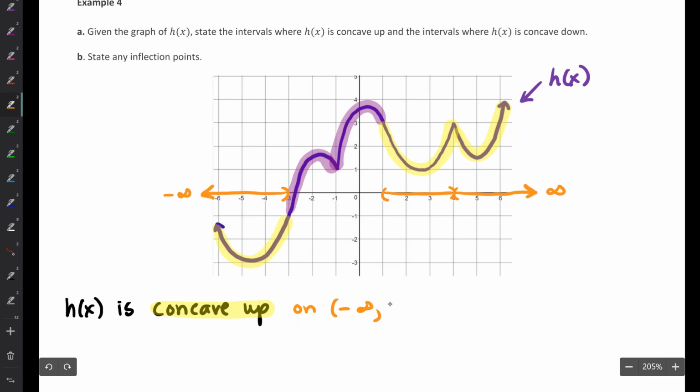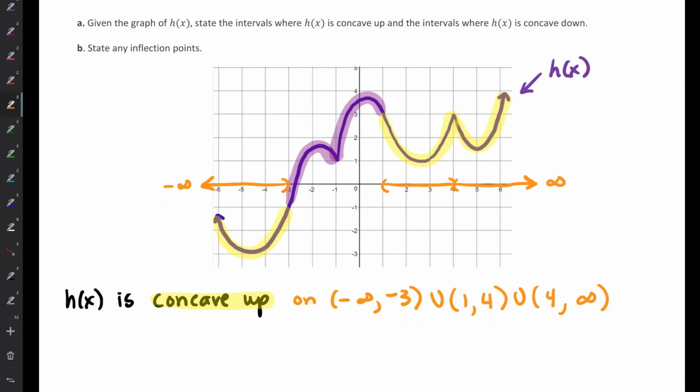Minus infinity up to -3, as well as 1 to 4, and 4 to infinity. I'm just using my unions to include those sets all together.